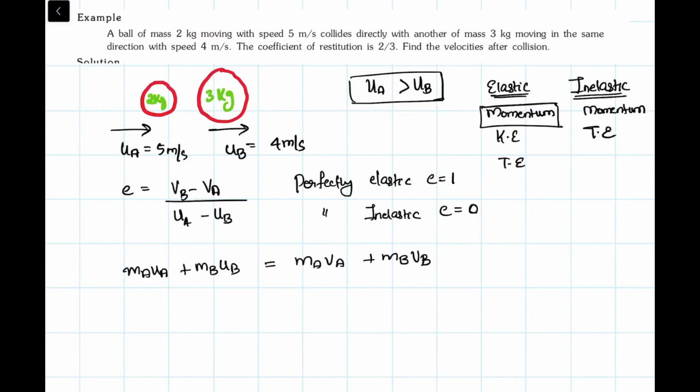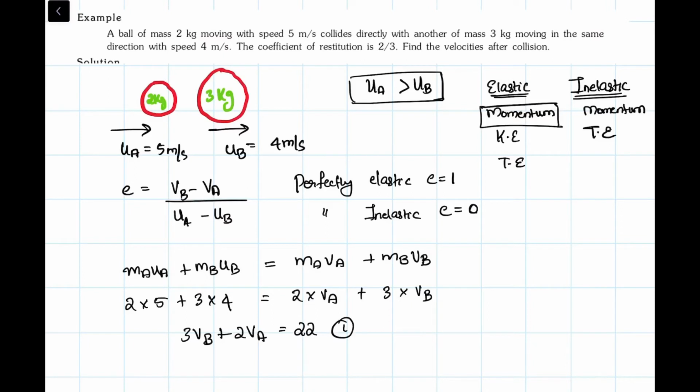Let's substitute the given values: mass of the first particle is 2 kilogram, into UA which is 5, plus MB which is 3 kilogram into UB which is 4, equal to MA, once again 2, we don't know VA, and MB is 3 kilogram, and VB we don't know. Solving this equation, you get 3VB plus 2VA equal to 22. That's the first equation.